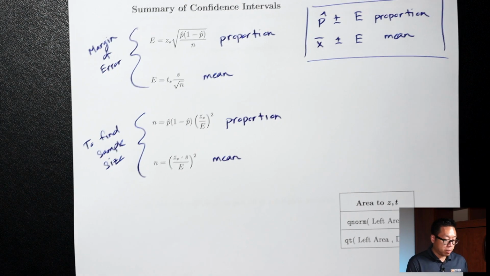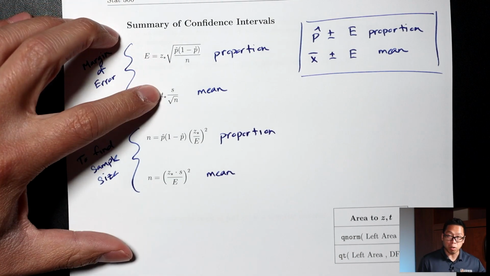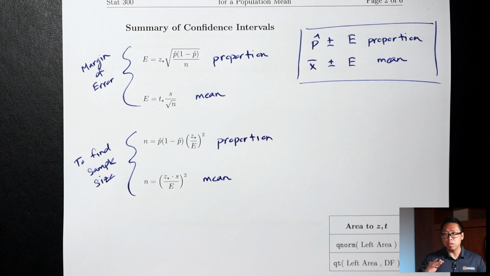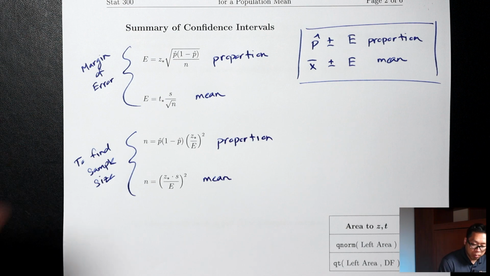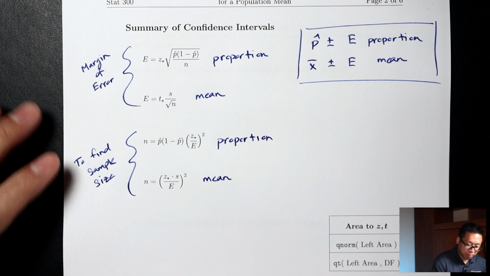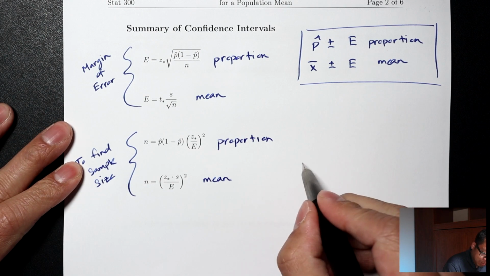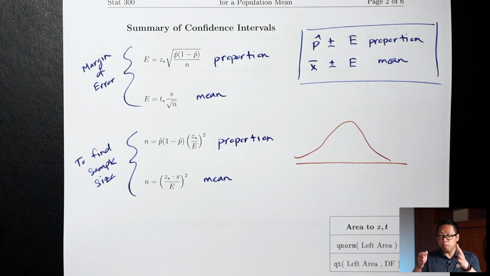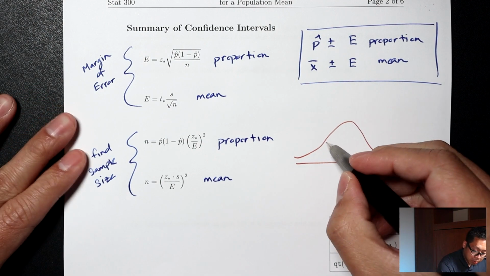Now, all of these formulas involve either a z star or a t star. And z stars and t stars have to do with either the normal distribution, the z distribution, or the t distribution. So I'm going to draw both of those distributions the same. The confidence level has to do with the area in the middle.